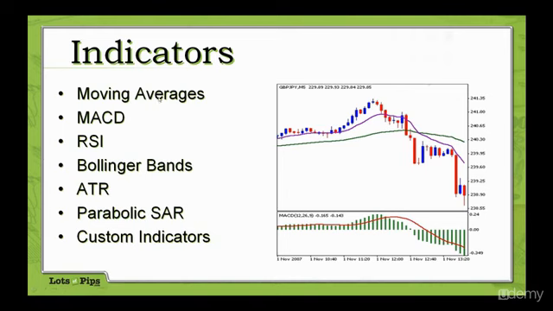Moving averages are a big one. They're calculated based on the close price of each of these candles, and it takes into account how many candles back you want to measure from, and it puts an average for the price. So this purple line is a lower segment moving average, which means it takes fewer candles into account, and the green line is a higher level moving average.